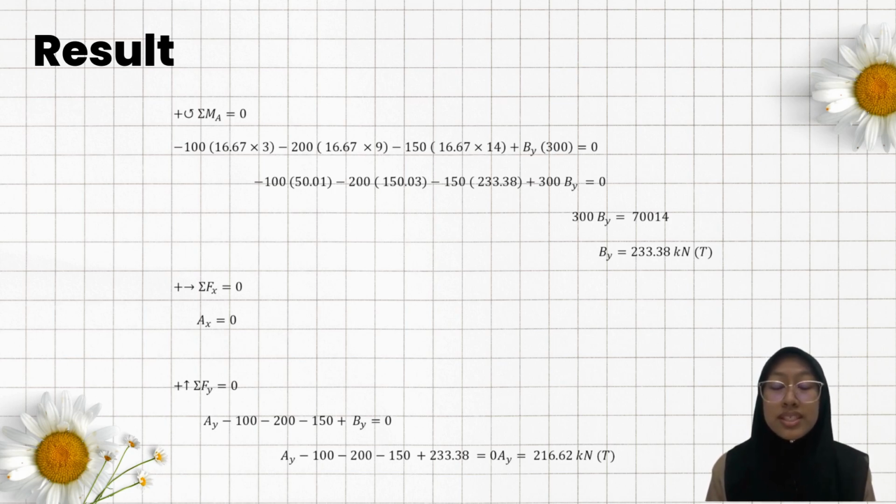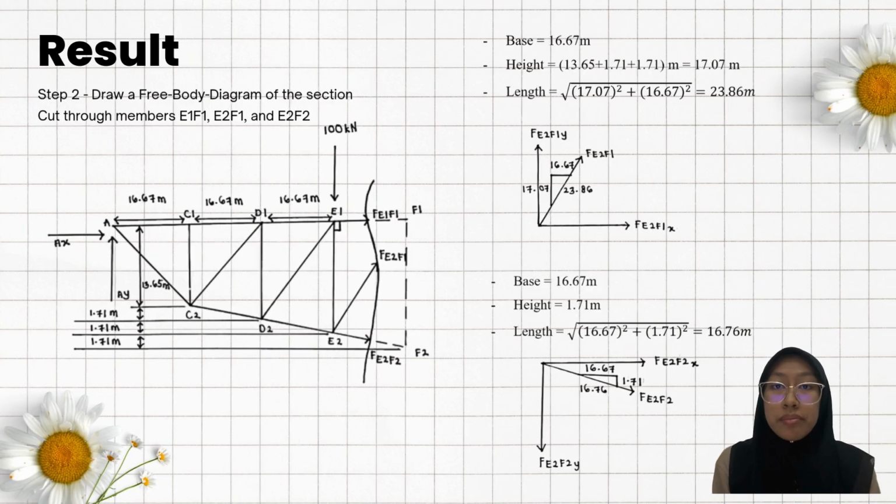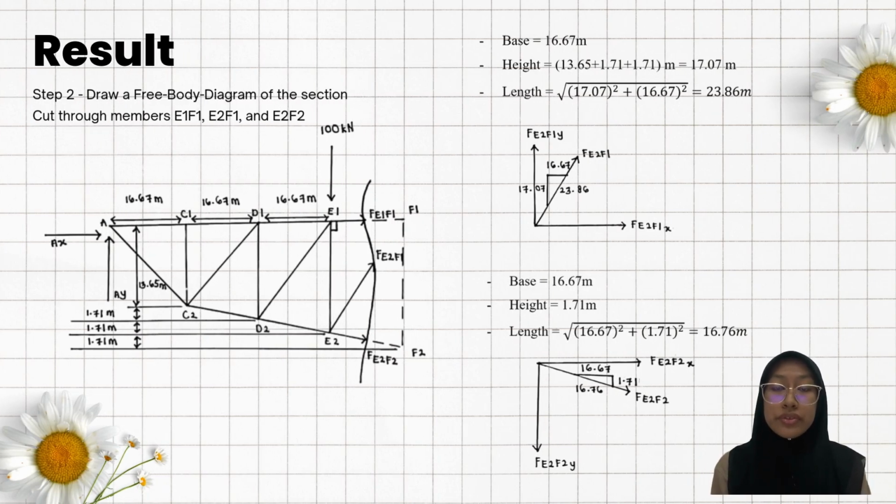This equation only has one unknown, so we know force Ax is 0. Next, I use the equation of total Fy and find Ay equal to 216.62 kN, in tension.